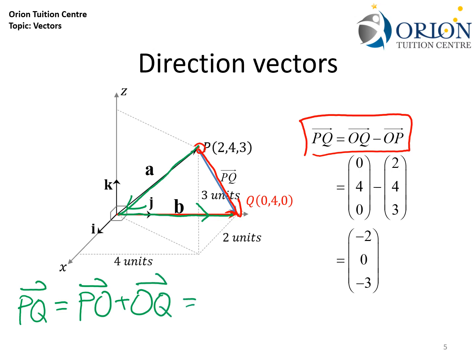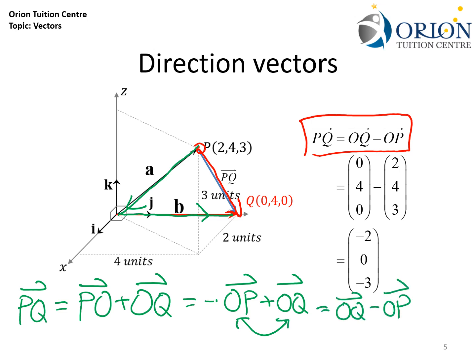And PO, we can rewrite as negative OP, since PO and OP are the same vectors, just pointed in opposite directions, plus OQ. And if we rearrange these two terms, I can therefore write it as OQ minus OP, which is the same as the formula given above.